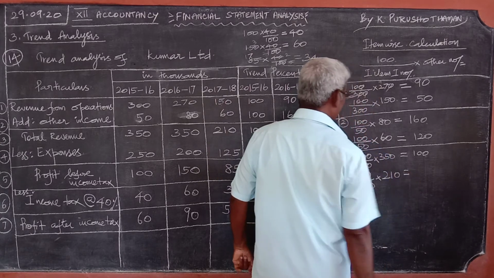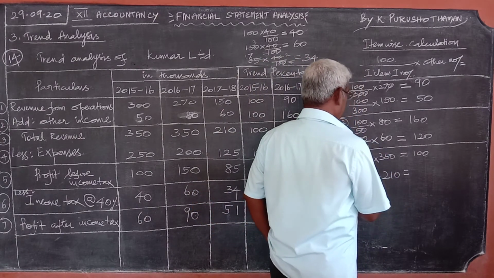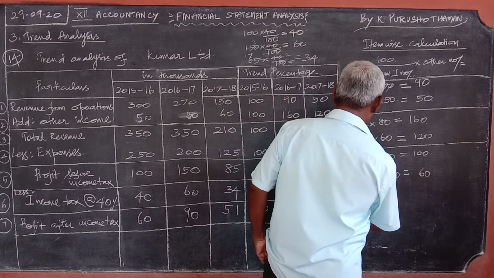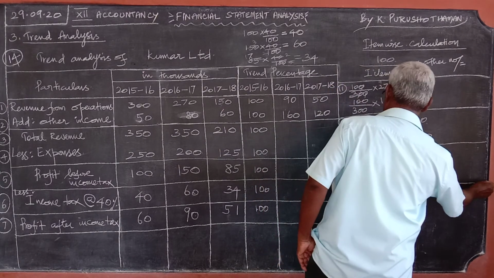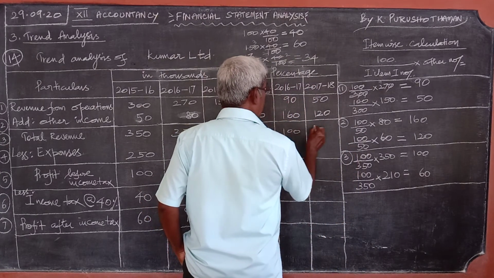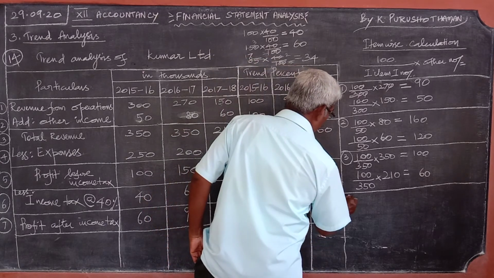This is equal to 2 by 7, 32 into 30, 60%. So in third case, 100% and 60%.